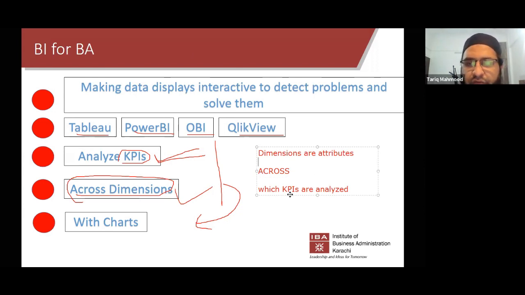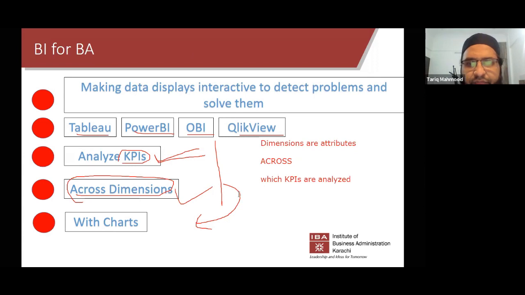So for example, let me give you an example here. So the basic example, sales across date. Sales in January, sales in February, sales in March, sales in quarter 1, sales in quarter 3, sales in year 1, sales in year 2, sales across date. Sales across product: sales for frozen food, sales for confectionery, sales for tissue papers, sales for clothes, sales for toys, across products.